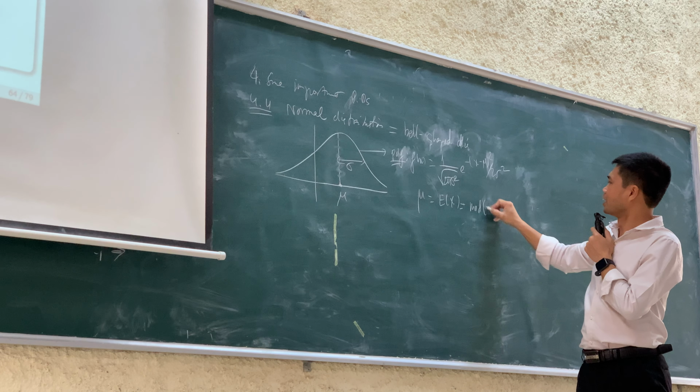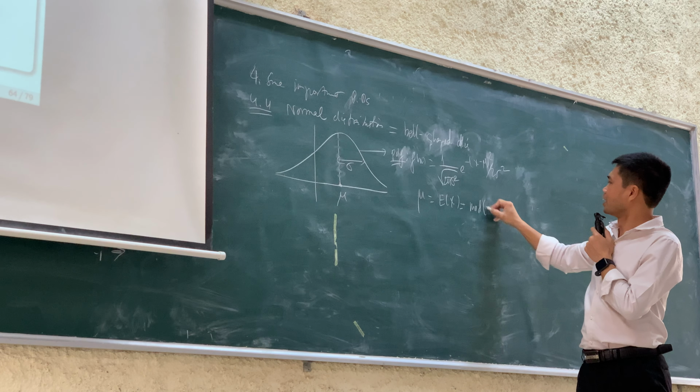Mean is mu, sigma square is the variance. We pronounce x follows a normal distribution with mean mu and variance sigma square or standard deviation sigma. For standard normal distribution, we use capital letter Z when mu is 0 and sigma is 1.